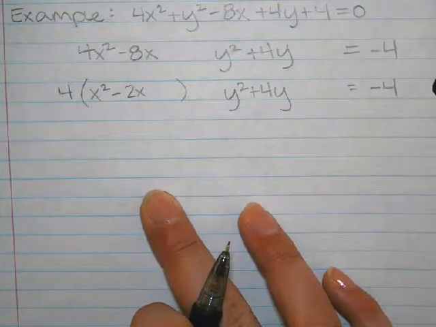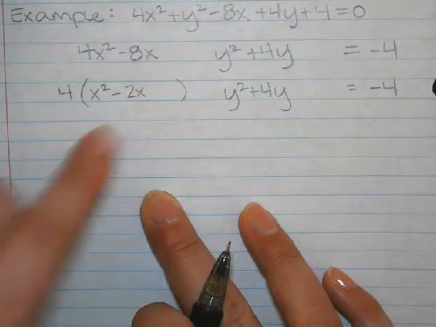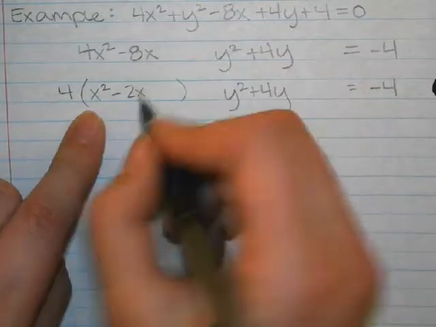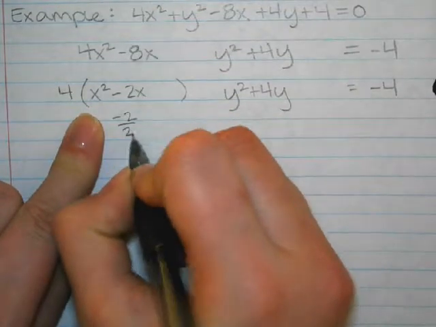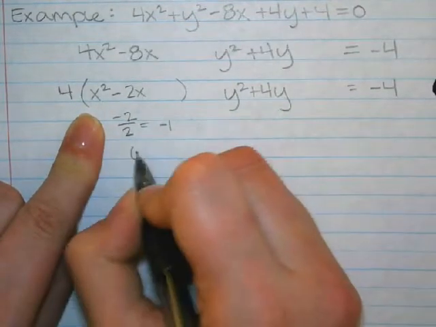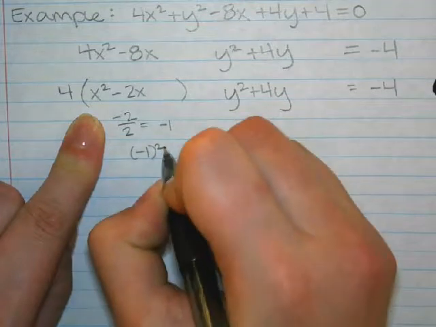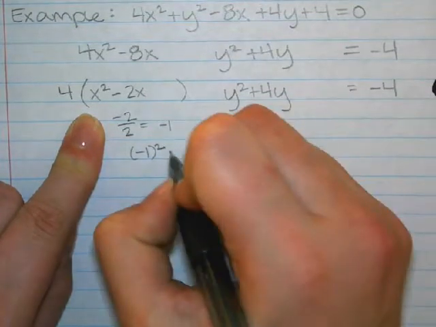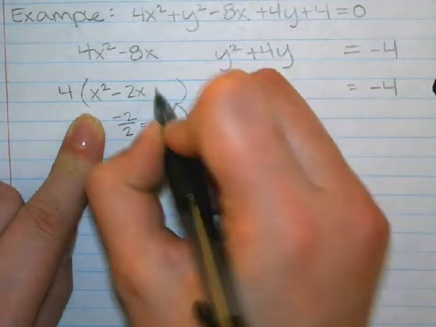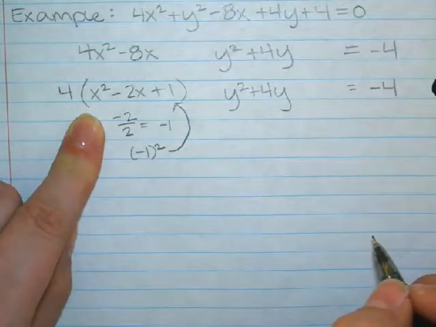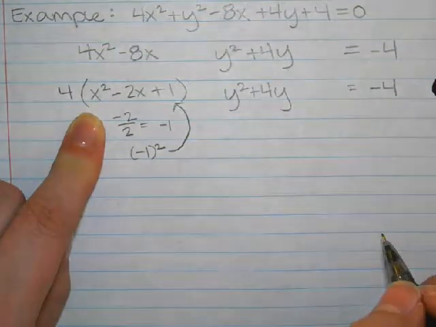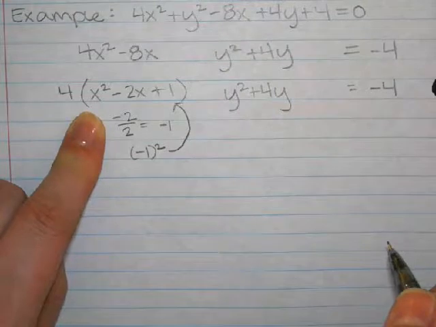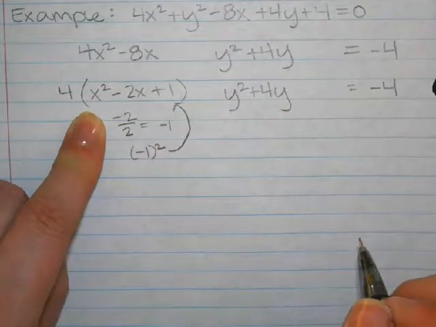Okay. So now we're at the point where we can divide by 2. So we've got negative 2 divided by 2 is negative 1. Negative 1 squared is positive 1. So the number that completes the square is going to be a plus 1. But we didn't really add plus 1.